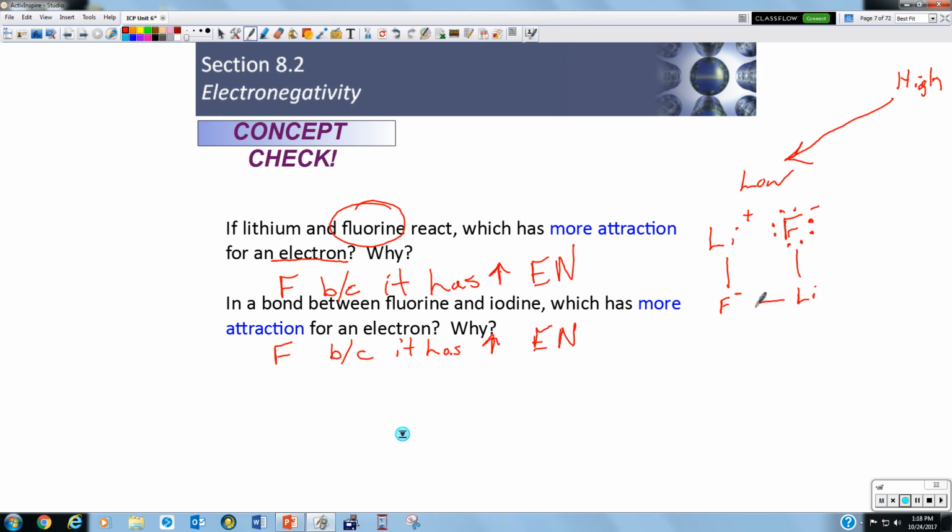Every lithium is going to be attracted to the surrounding fluorines, and every fluorine is going to be attracted to the surrounding lithiums, so that it makes these little crystals. And we call this a lattice structure.